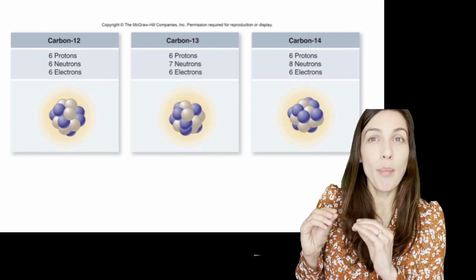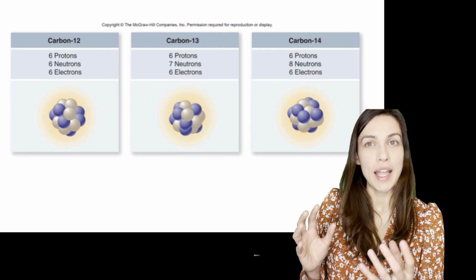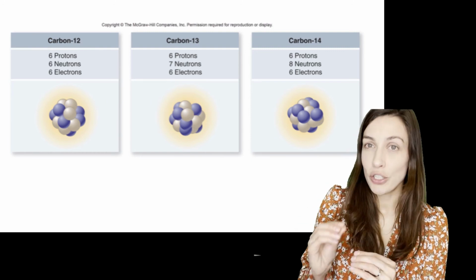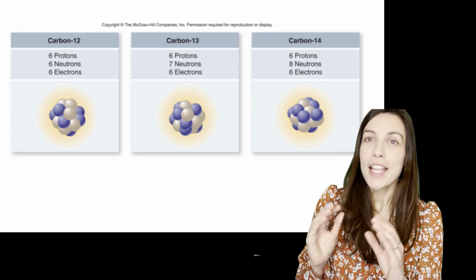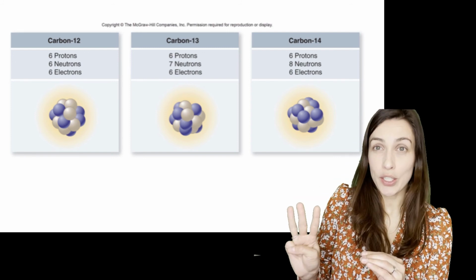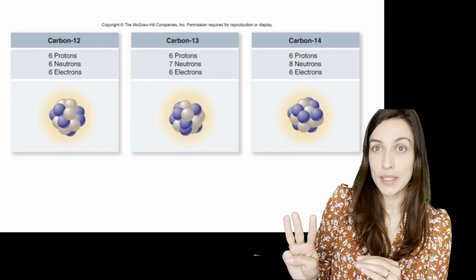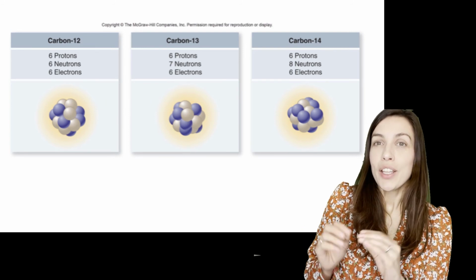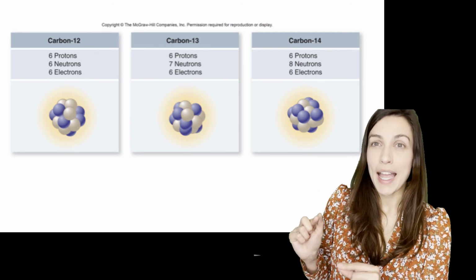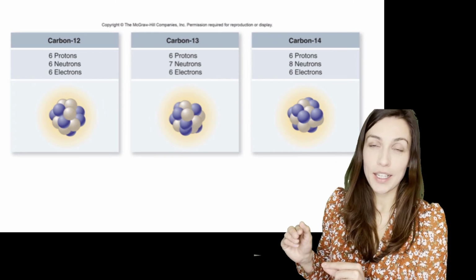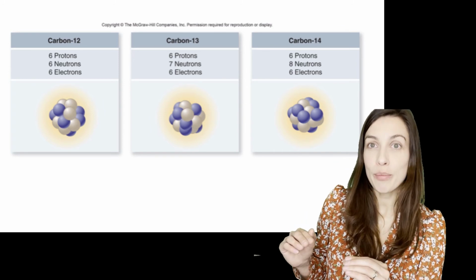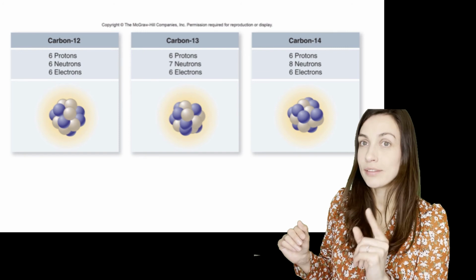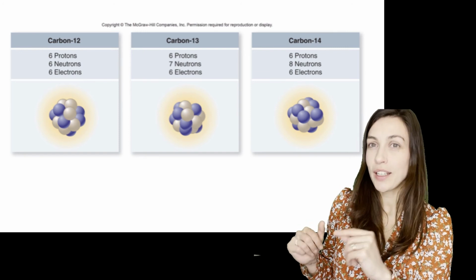And yet a smaller fraction of all carbon atoms have 8 neutrons. So there are 3 isotopes of carbon atoms. The isotope that has 8 neutrons has a name. It's called carbon-14.